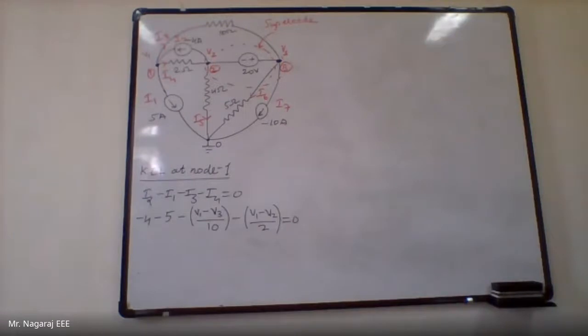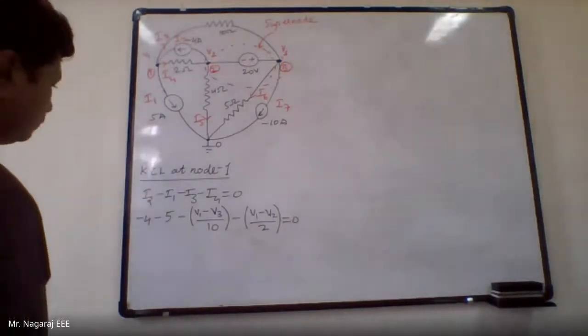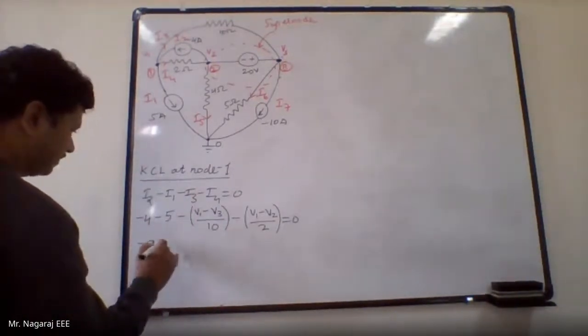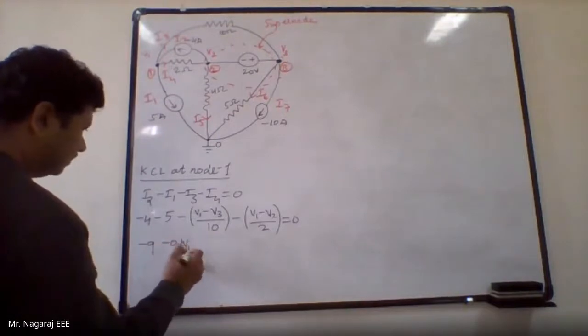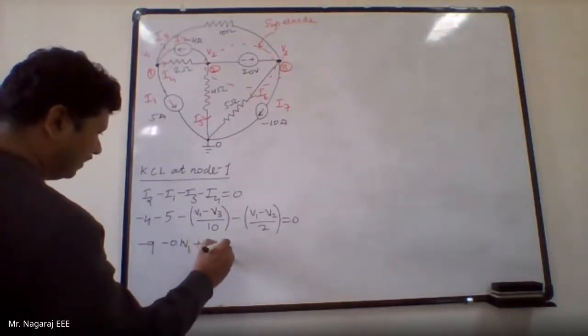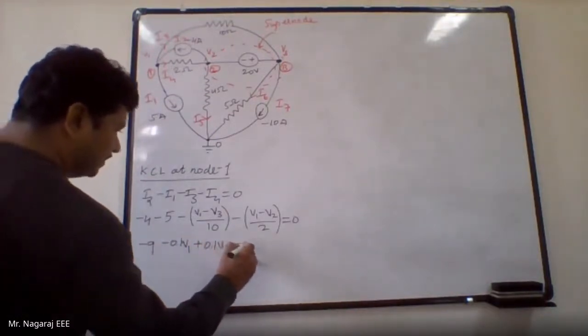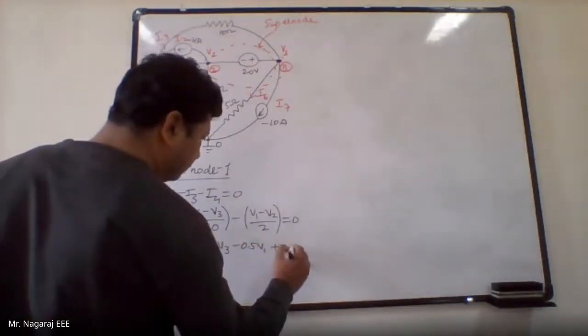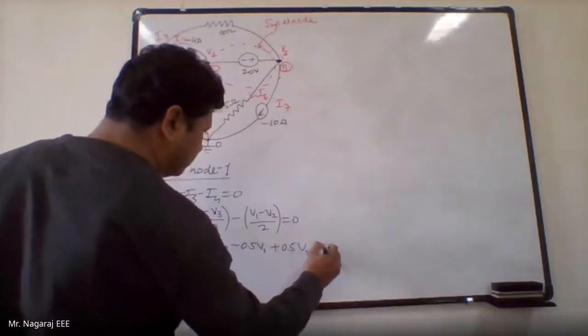Now, minus 4 minus 5 is minus 9, minus 0.1 V1 plus 0.1 V3 minus 0.5 V1 plus 0.5 V2 is equal to 0.